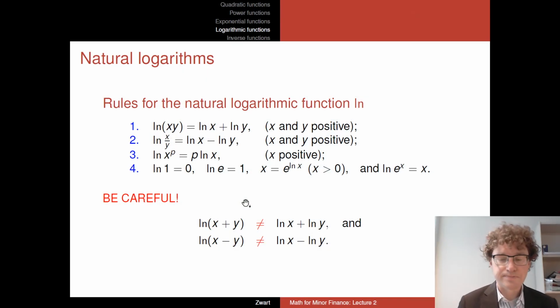Okay, so let's go back then to the slide. There we are. So we proved 1 and 3, and of course, if you want to have a look at number 2, that should go basically in a similar way, and you have to take negative powers if you want to do that.